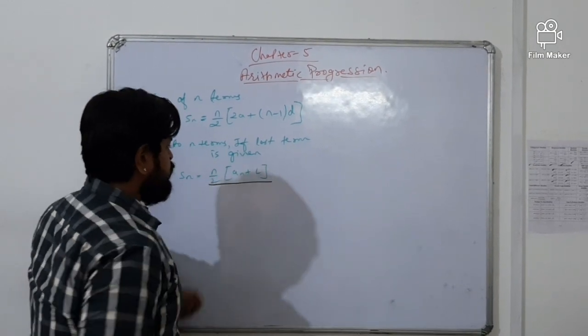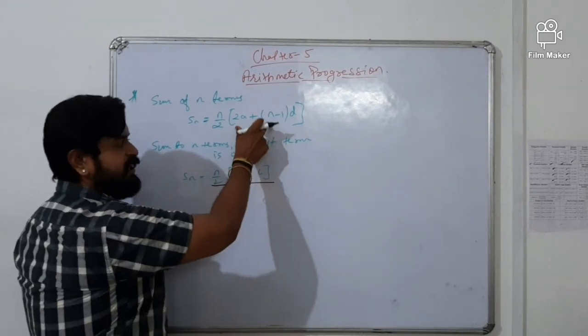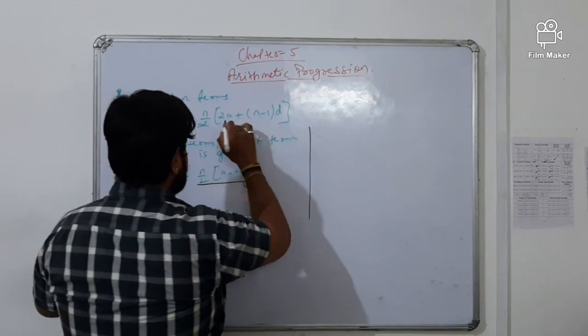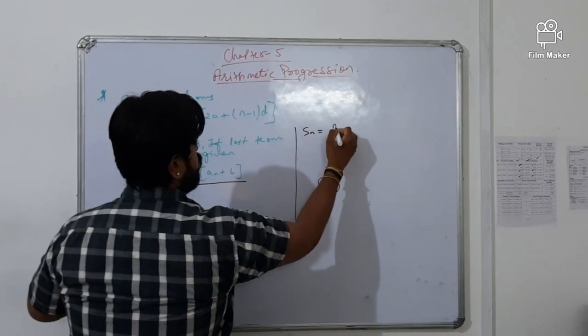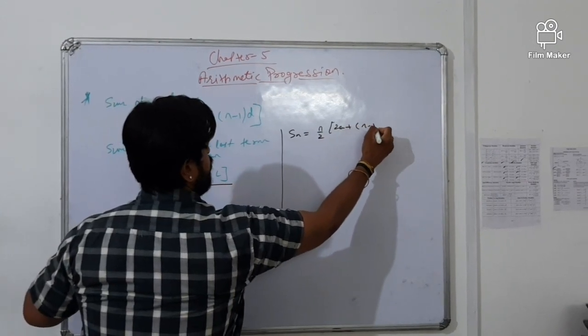Now this is a different formula from the first, but it is derived from it. How have we derived this formula? Let's take the formula Sn is equal to n by 2 (2a plus (n minus 1) into d).